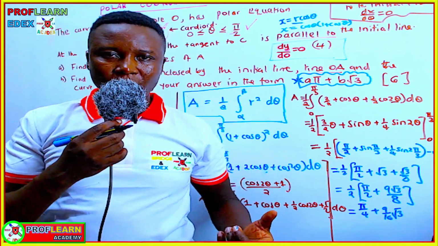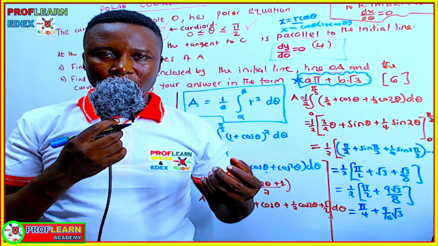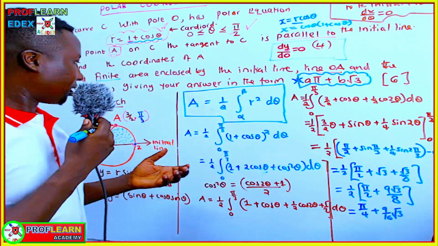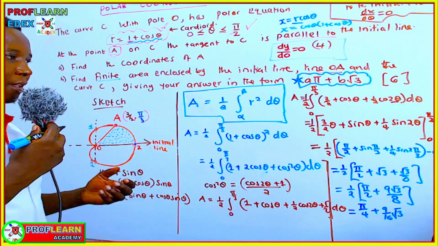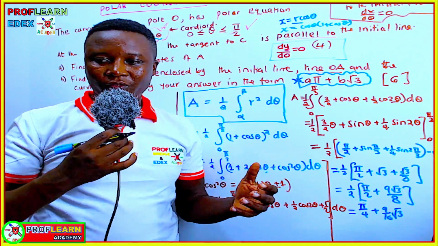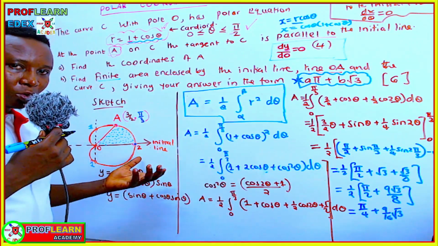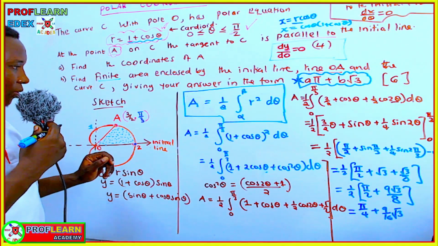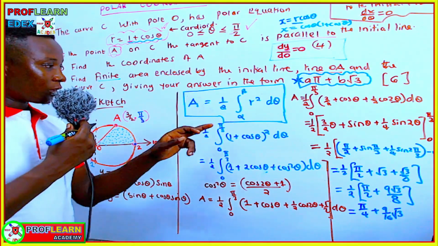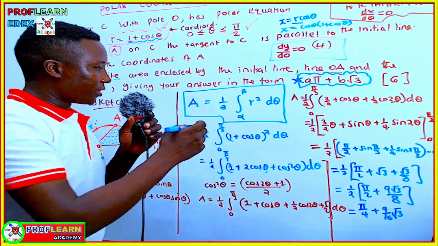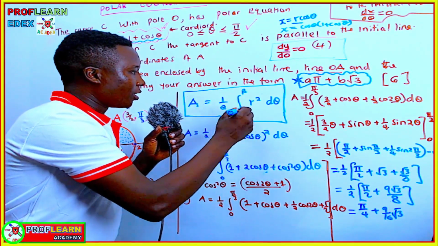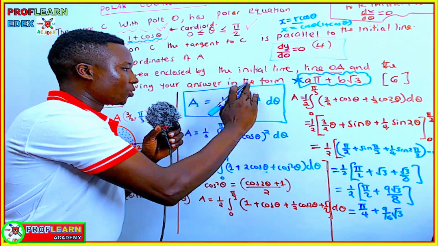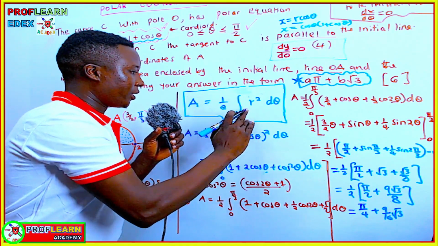For instance, you need to know how to sketch roses, limaçons, and cardioids like this, so that anytime you are supposed to find the area, you can know which range of angles you need to use. The most important part also is the angle to be used when you are integrating. So that is quite important. You need also to practice more on the same.